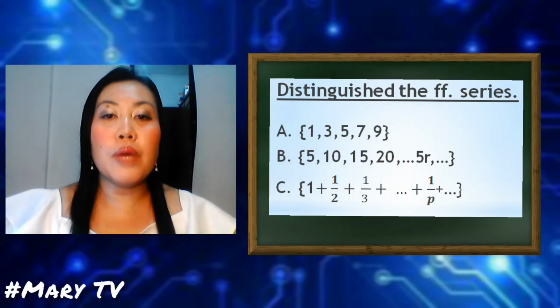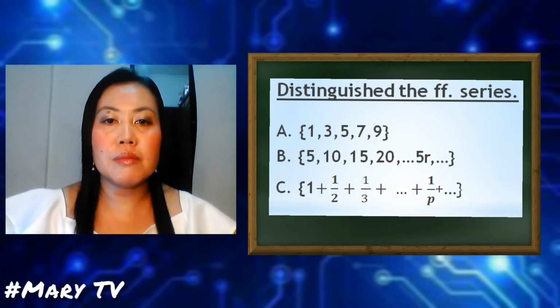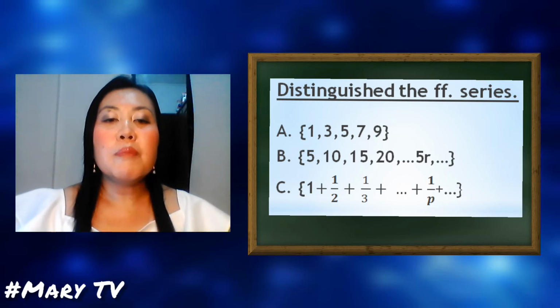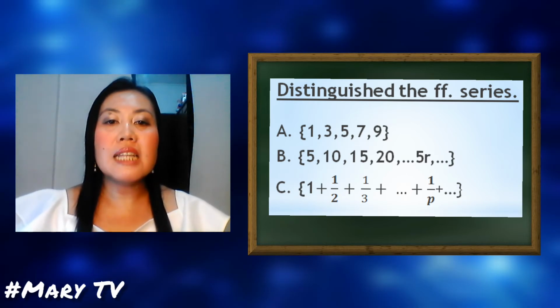Let's distinguish what kind of series these examples are. The first given is 1, 3, 5, 7, 9. The second given is 5, 10, 15, 20, ellipses, 5r, ellipses.